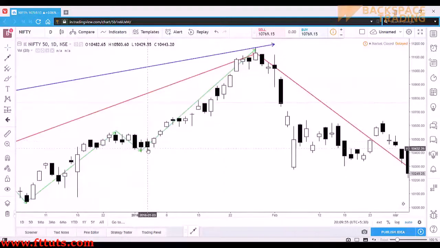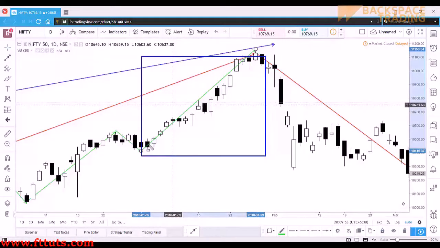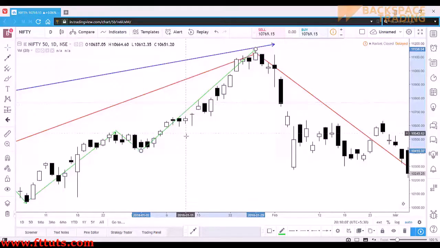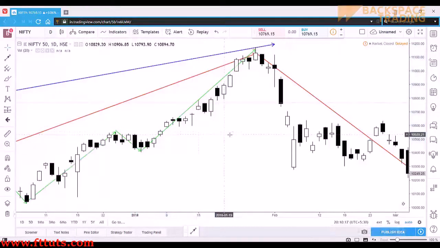Now, if you just consider this zone, the green line, without moving to lower time frame, I want you to picturize. I'm not going to go into 1 hour or 4 hour or 3 minutes, 15 minutes, anything. I want you to just picturize yourself inside your mind.